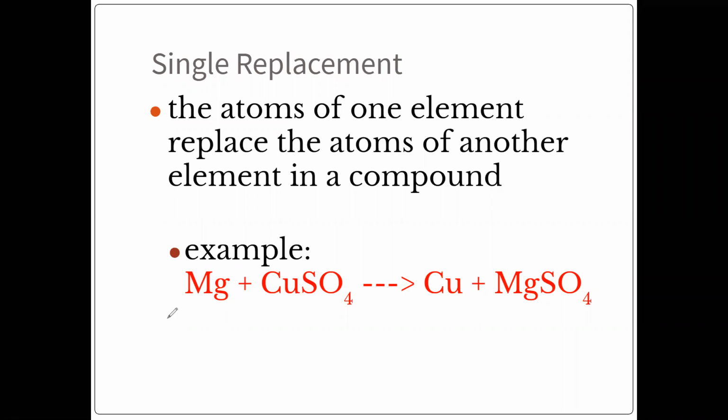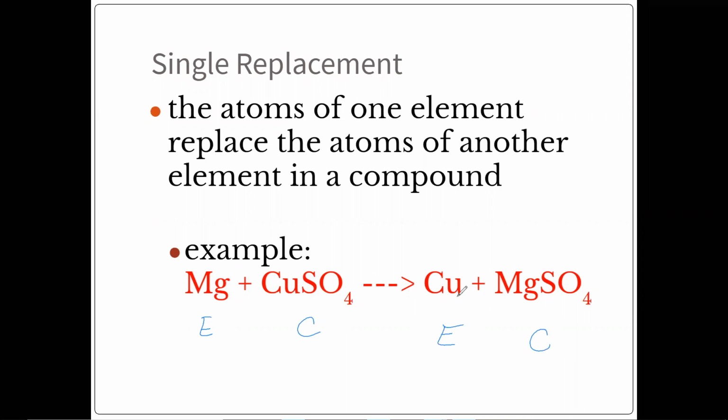Here, with this single replacement reaction, we have one element reacting with one compound to produce an element and a different compound. So if you look at what happens specifically, we have magnesium reacting with copper sulfate. In this case, it's copper 2 sulfate, okay?